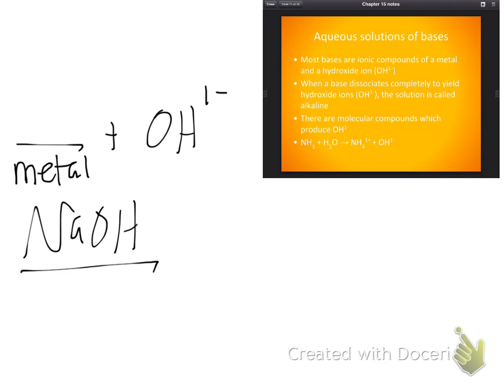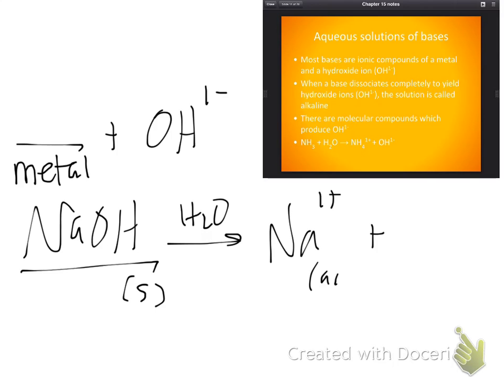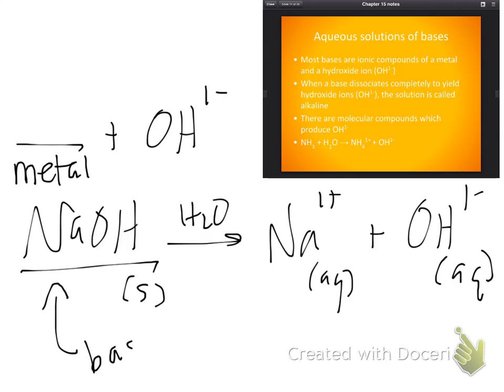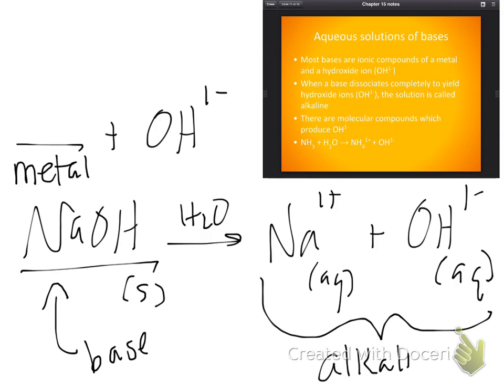So if this was a solid and we put it into water and it dissociated into sodium and hydroxide ions, we call the resulting solution alkaline. So this material is a base. This solution is alkaline.